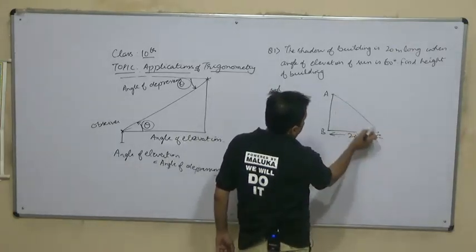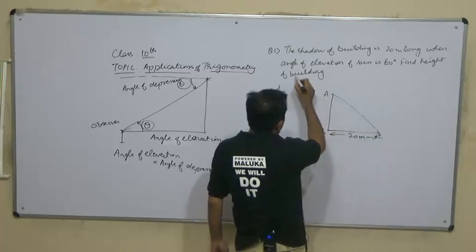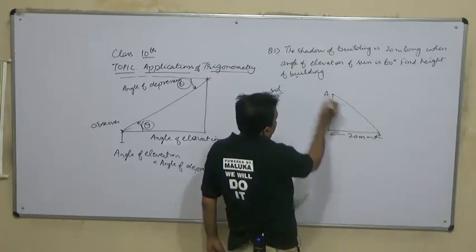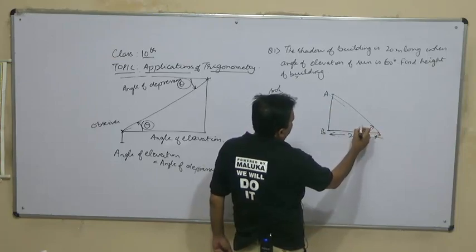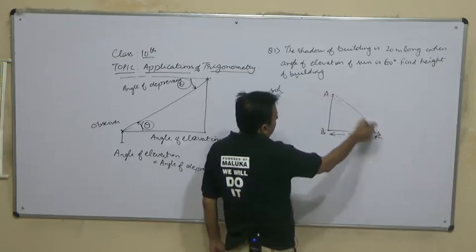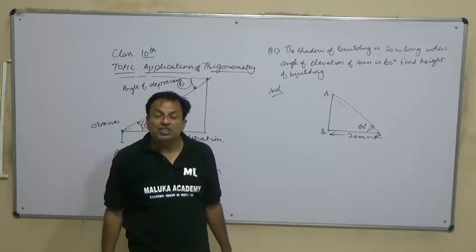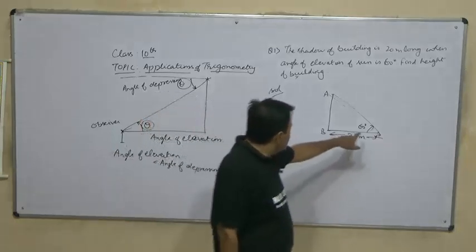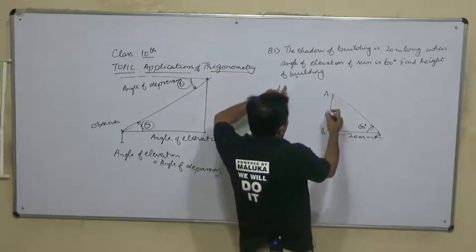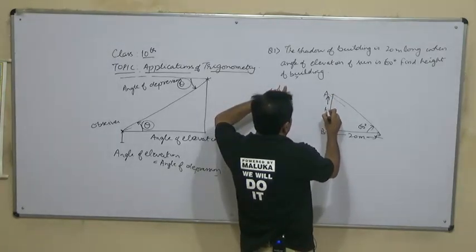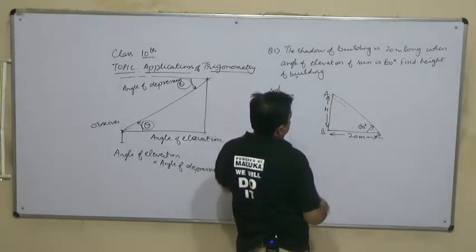When, for example, the sun is here, we look at this position, this angle, we have to raise our eyes to 60 degree if we want to see the sun at this instant of time. So this angle is 60 degree. Now what we want to find? We want to find the height of the building. This we want to find.